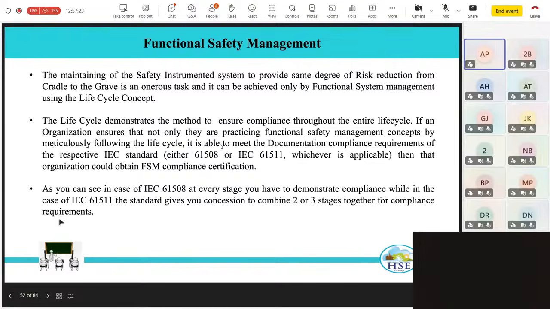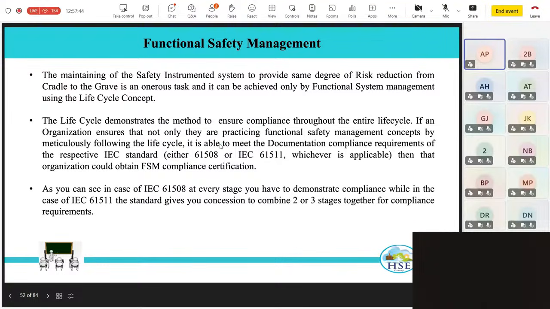But IEC 61511 deals with users, system integrators, and operators who are different entities. So something which is in the operator's domain, the system integrator may not be able to control. That's why the 61511 standard allows some stages to be combined.